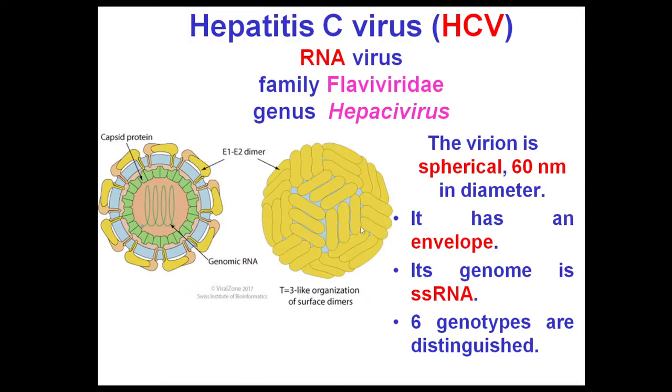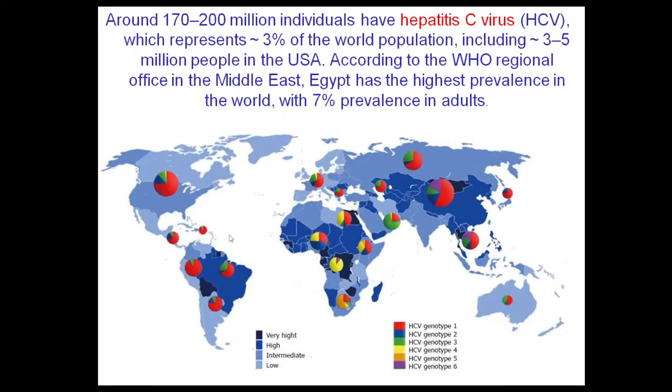And inside we have a single-stranded RNA molecule. Serologically, the hepatitis C virus may be classified into genotypes. They are distinguished by serology.